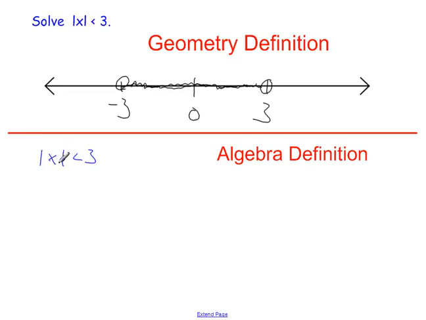So we say if x is positive, the absolute value of a number is itself if it's positive. So the absolute value of x would then just be itself. We write that equation. If negative, the absolute value of a number is its opposite. So the opposite of x is less than 3.